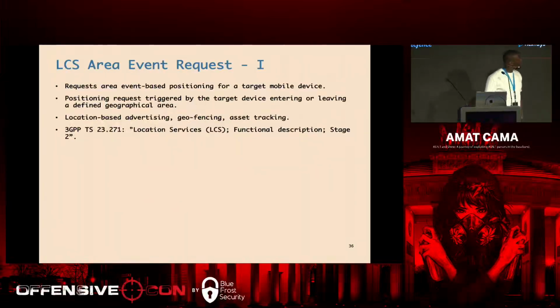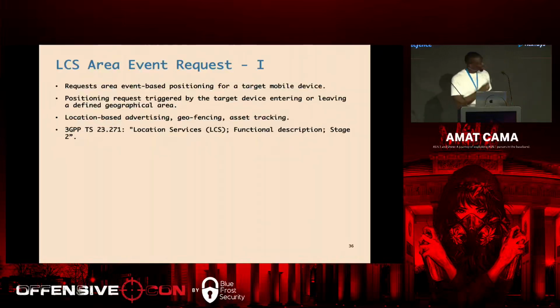One of the message types used in location services is called the area event request. It's a message that allows you to request the position of a target mobile device, and it's triggered by a device entering or leaving a defined geographical area, which is basically what I was describing in the previous slide.